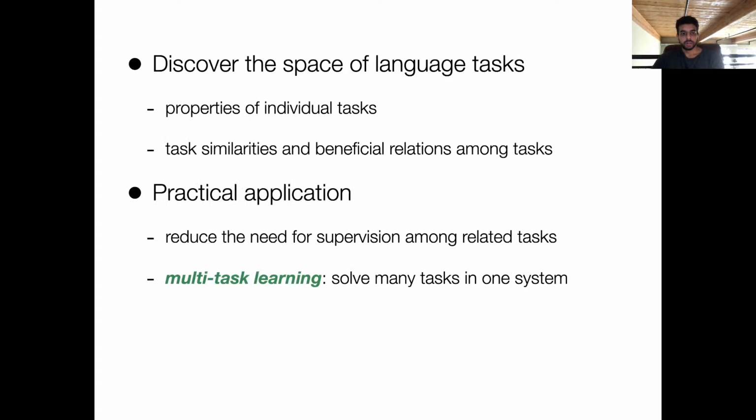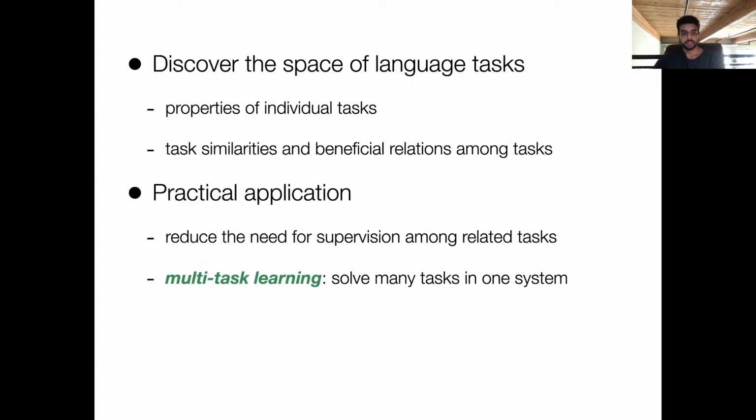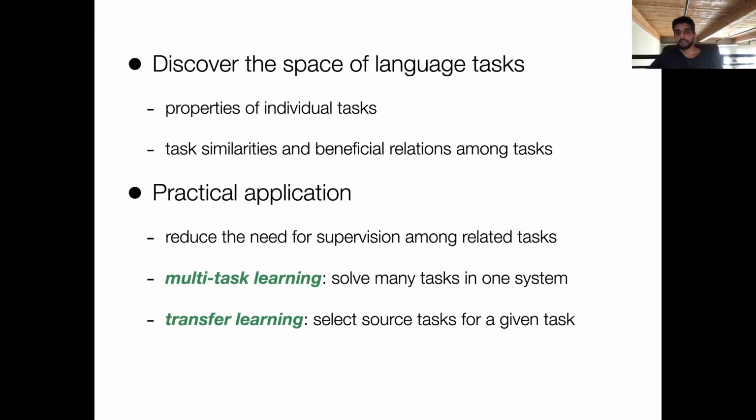All right, so I wanted to say that if we have a way to kind of encode the unique identifying properties of each individual task, then we might be able to come up with some way of measuring the similarity of different tasks to each other, and also maybe measure how beneficial doing intermediate fine-tuning on one task is to another task.